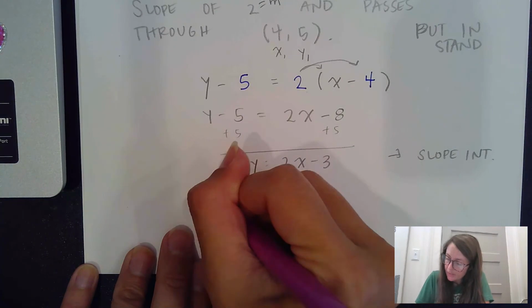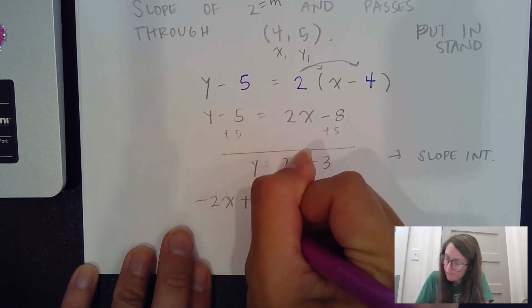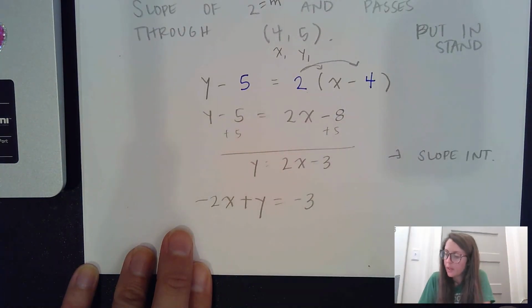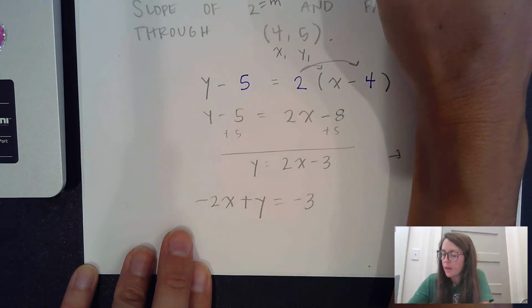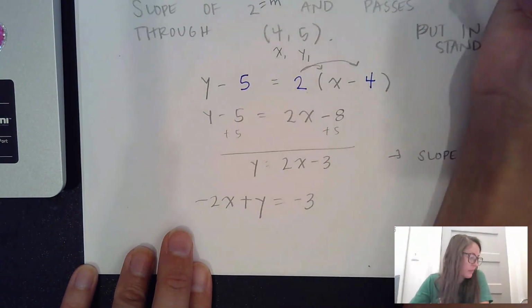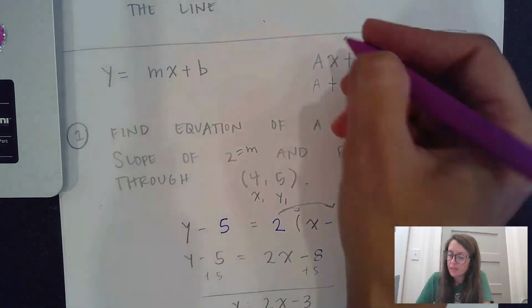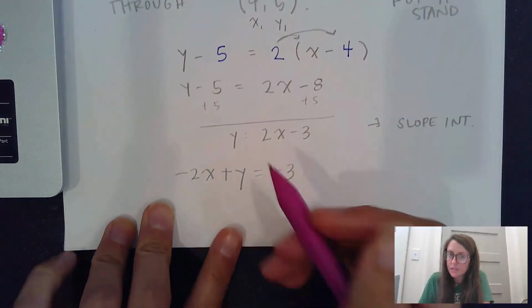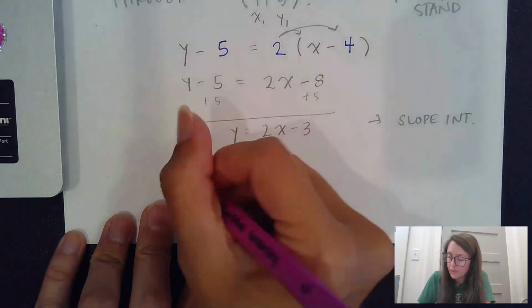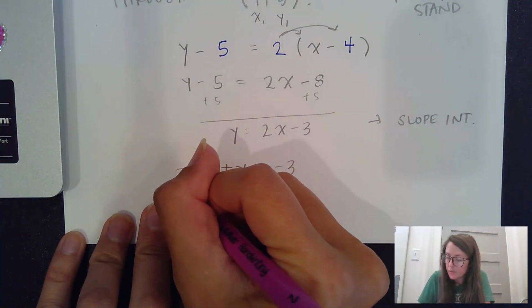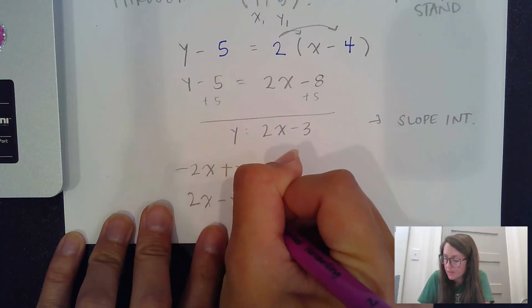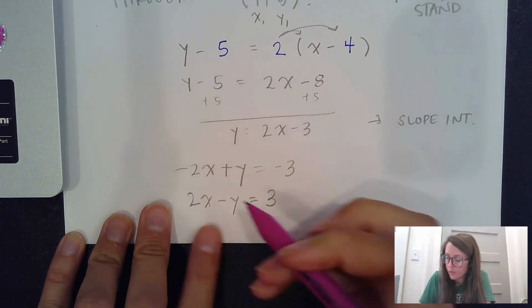So it's going to become negative 2x plus y is equal to negative 3. But my A here has to be positive. A in standard form must be positive. So instead of having a negative 2x, I'm going to multiply everything by negative. So it's going to become 2x minus y is equal to a positive 3.